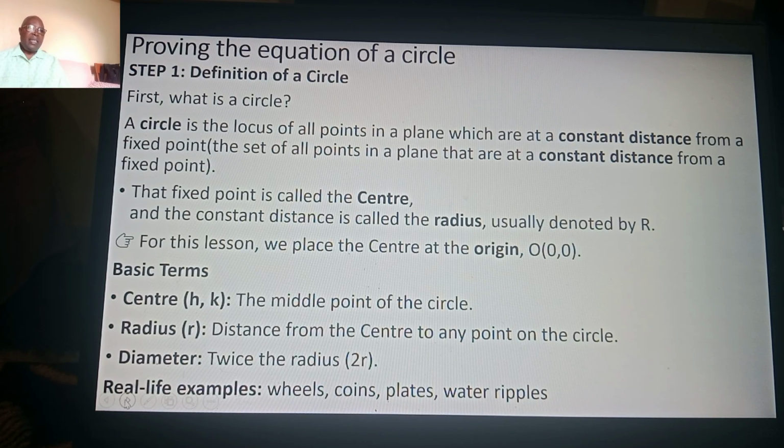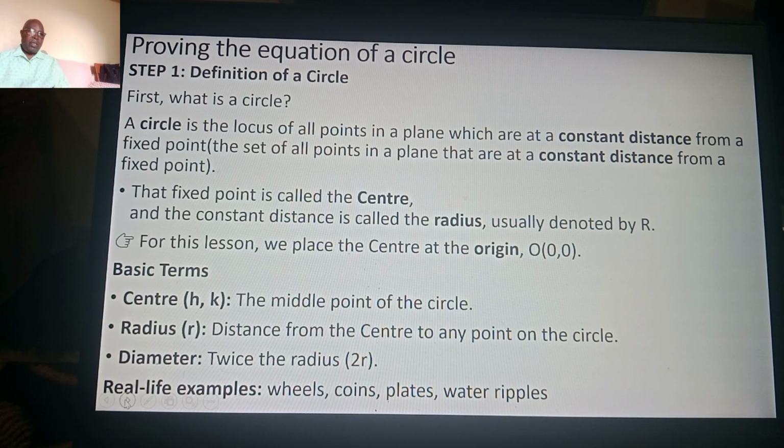Center (h, k), or having the coordinates (h, k). This is the middle point of a circle. Radius r, the distance from the center to any point on the circle. Diameter, twice the radius, or 2r.